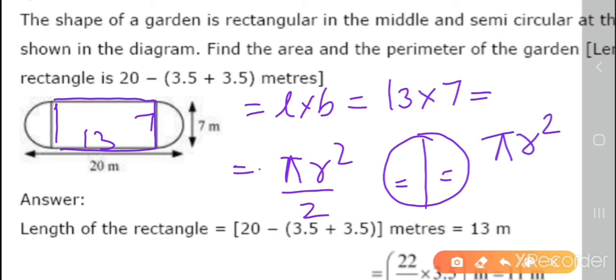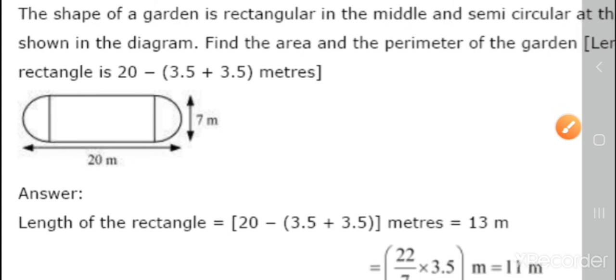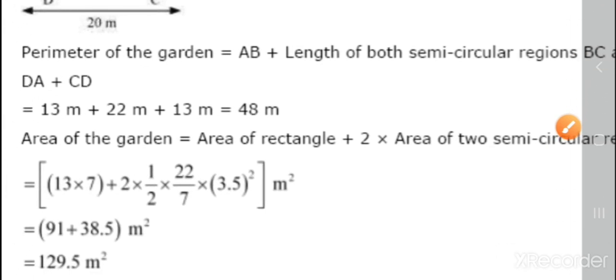Okay, 2 into pi r square by 2, that is half semicircle and half semicircle. 2 and 2 will get cancelled. Pi r square, that is our area of the circle. Pi r square is the formula we are going to use here. Okay, and you will add both. Area of the rectangle plus area of the circle, or 2 semicircles you will take. Okay, we will see how to find the area of the garden.